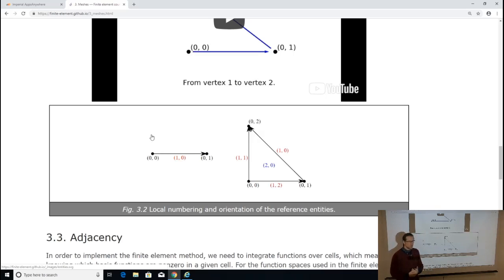So these guys, once again, number from low to high. So that means, unlike some people's numberings, the edges don't orient around. These two edges orient into there.